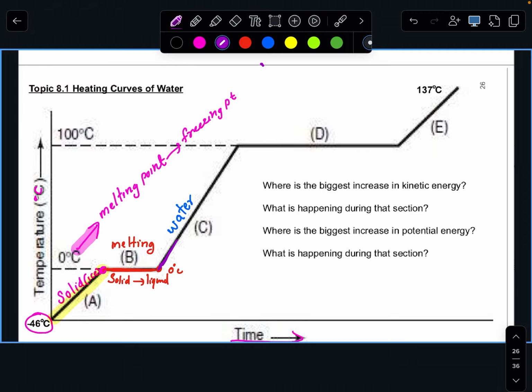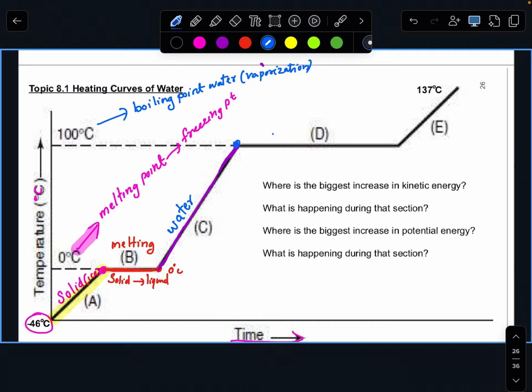Okay, then you will see again there is an increasing temperature. Water from 0 degrees Celsius will increase when you heat until the temperature reaches what? 100 degrees Celsius. That 100 degrees Celsius is called what? Boiling point of water, or more scientifically we can say the vaporization point. So this is water that will convert into what?